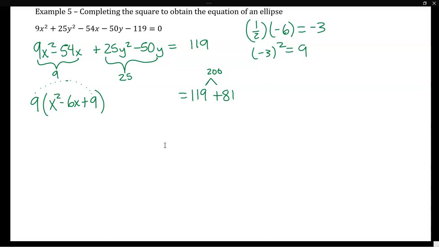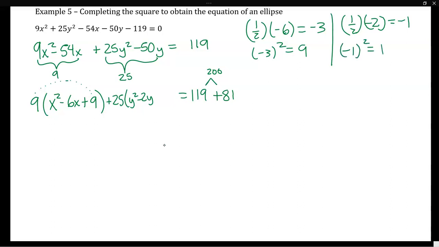And then for the y, we took out 25, so we get plus 25 times (y squared minus 2y). For the y's, half of negative 2 is equal to negative 1. Negative 1 squared is equal to 1. So we're going to do plus 1.